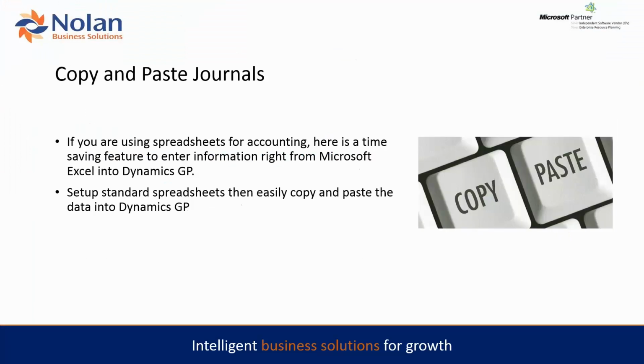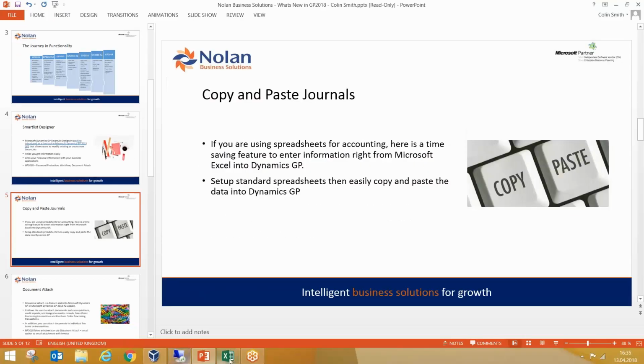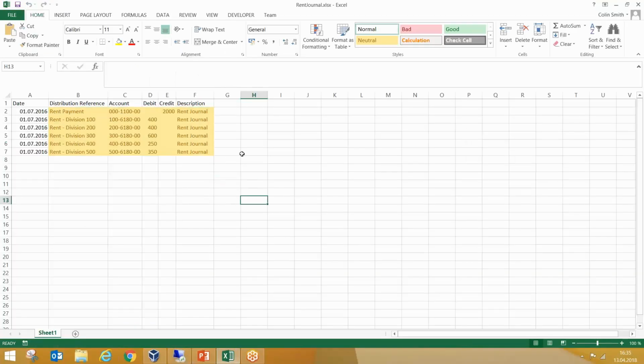So let's look at another feature. Copy and paste journals. This has proved very popular with customers that are now taking up Dynamics GP 2013. So if I go and have a look at how that works, I've got a spreadsheet here which I've set up for my rent payment.